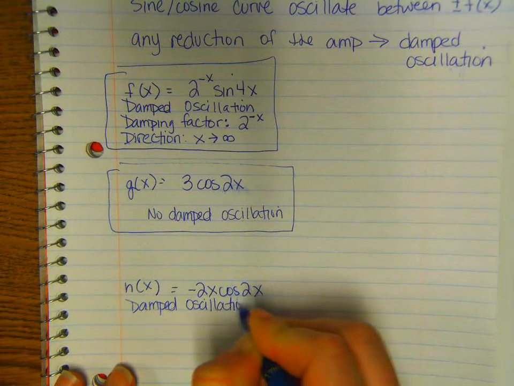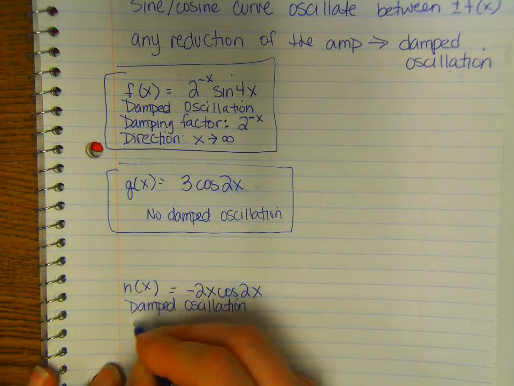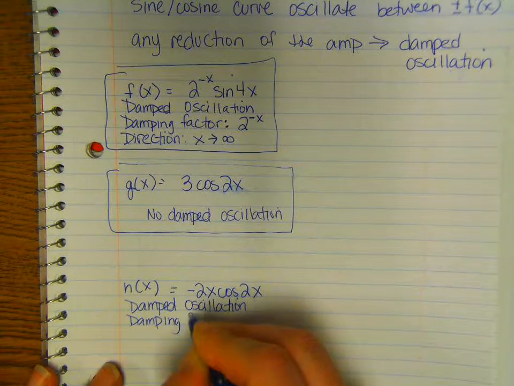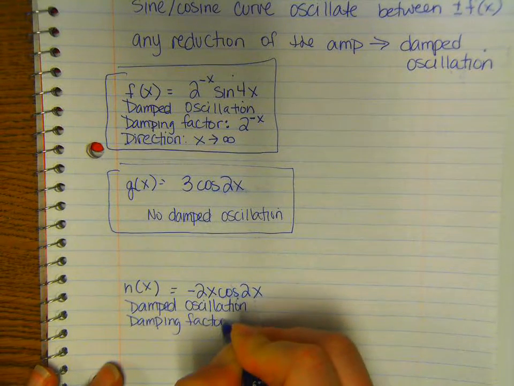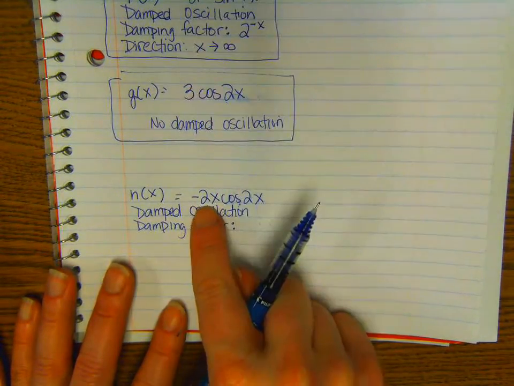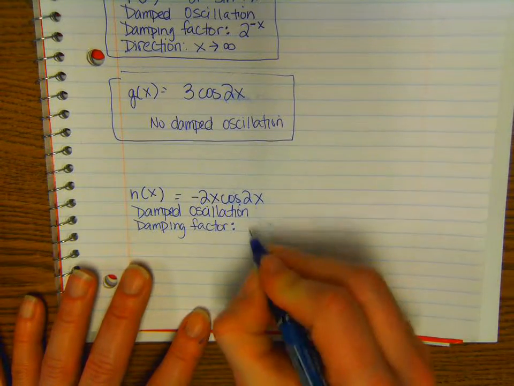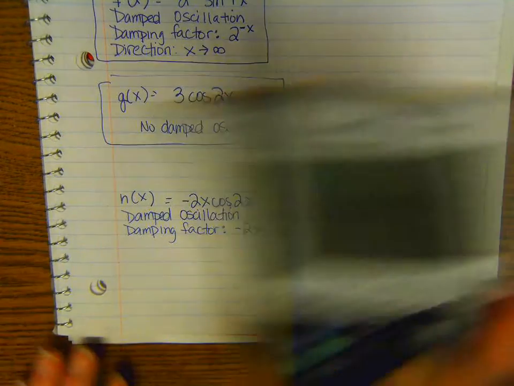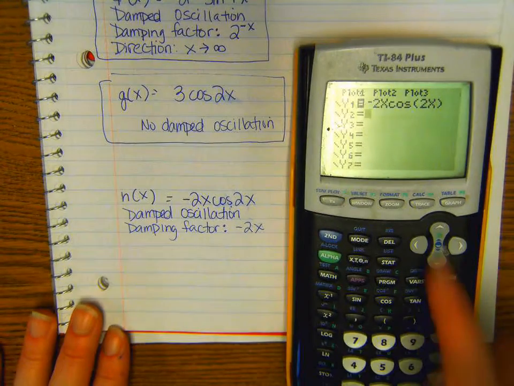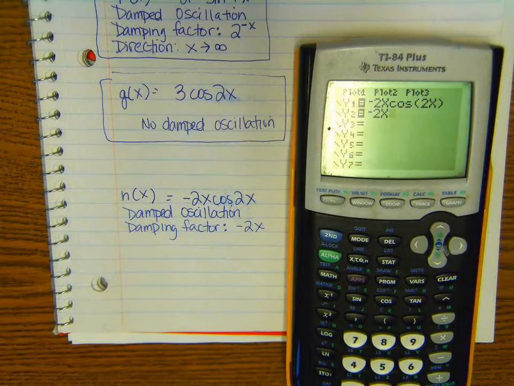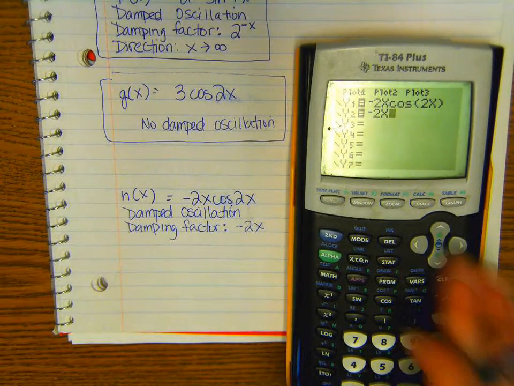Okay, what is the damping factor? Negative 2x. Alright, so just so you can see how that works again for this one, I am going to put negative 2x, and then I'm going to put the opposite, above we said the opposite of negative 2x would be what?